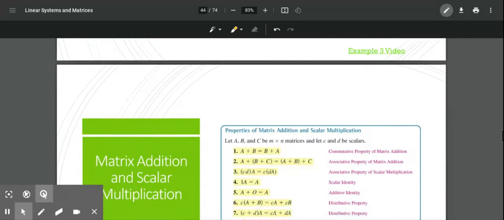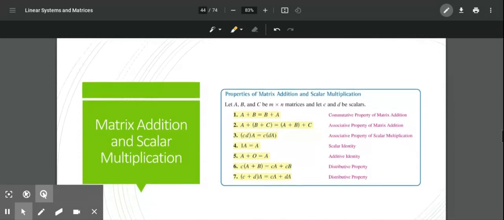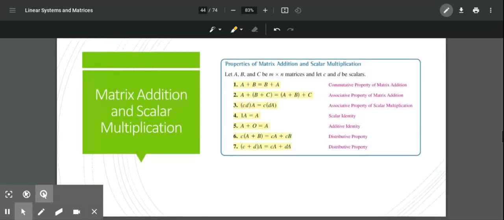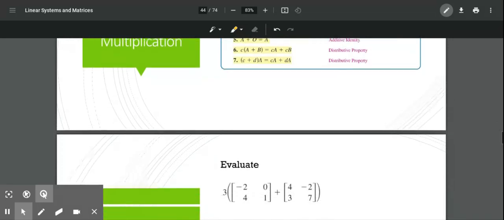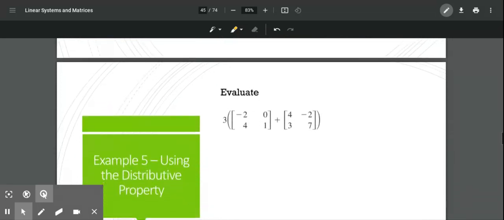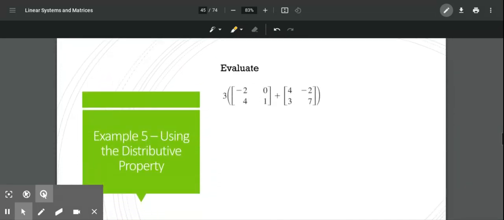So some properties of matrix addition and scalar multiplication are really what you think they would be. If you add A plus B, it's the same as B plus A. When you're adding, subtracting, or multiplying by a scalar, all of your other algebra rules will hold. So when we look at this next example, there are two ways we can approach it.